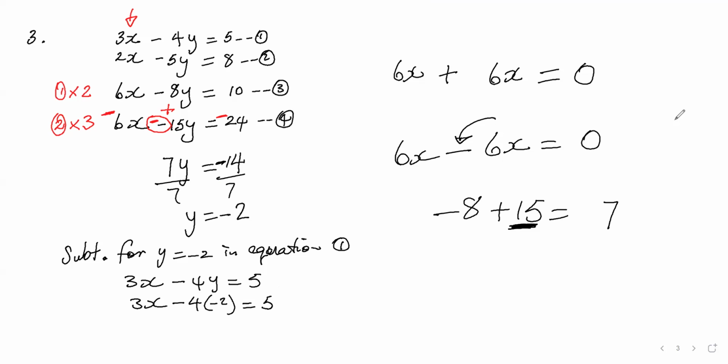Tyrese, tell me what to write for my next line. So I have 4x minus 4, open brackets, or multiply, because that's what brackets mean, multiply by negative 2, close bracket, equals 5.